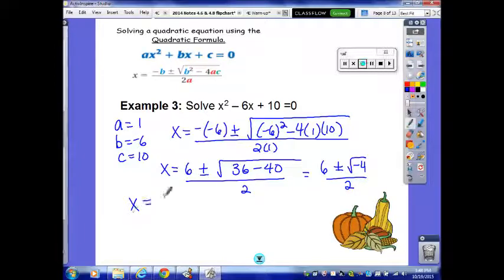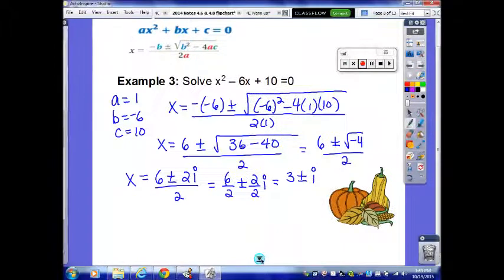So x is equal to 6 plus or minus 2i, over 2. Let's clean it up: 6 halves plus or minus 2i over 2. So our final answer is 3 plus or minus i. So my two answers are 3 minus i and 3 plus i.